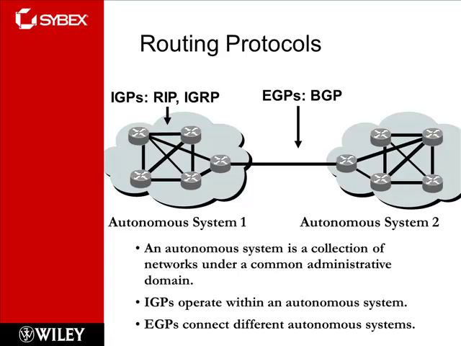And these autonomous systems, we have public autonomous systems and private autonomous systems, just like we do with private IP addresses and public IP addresses. If you wanted to have inside your own large network different autonomous systems that are then connected together, you could use BGP to do that without using a public autonomous system.